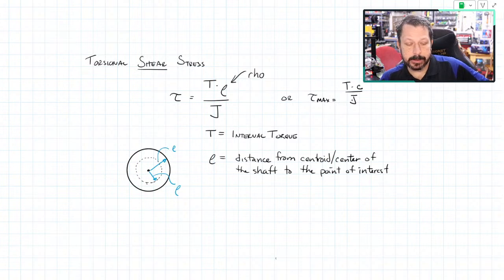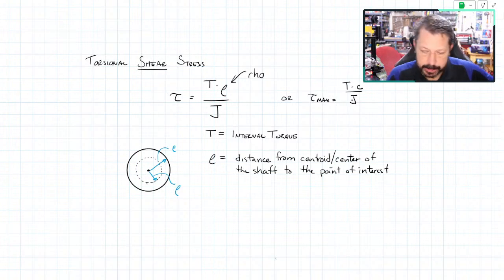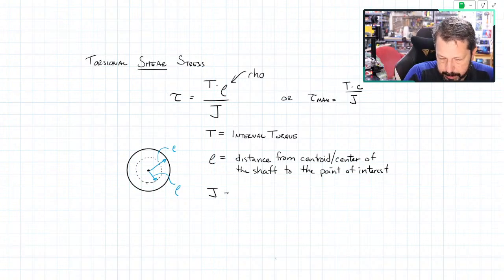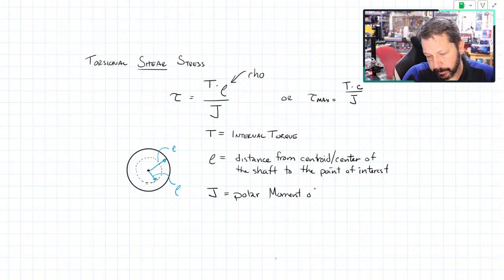It is a radius, it's not a diameter. So that's that. J is what's called the polar moment of inertia. Let's see if I can remember. Integral of rho squared dA.